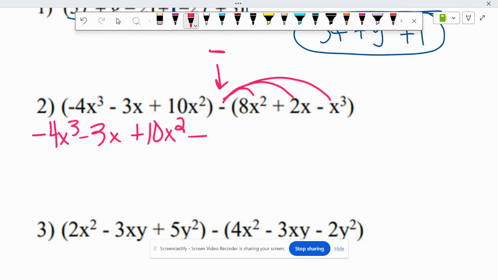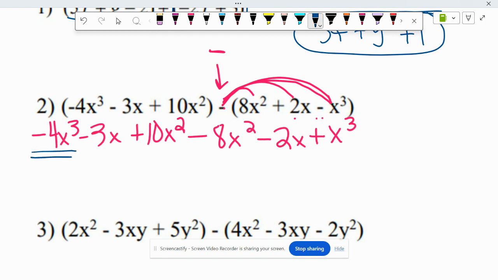Minus, a negative times a positive 8x is a negative, or minus, 8x squared. A negative times a positive 2x is a negative 2x. And this negative distributed all the way through to this negative, and a negative times a negative makes this a positive x cubed.